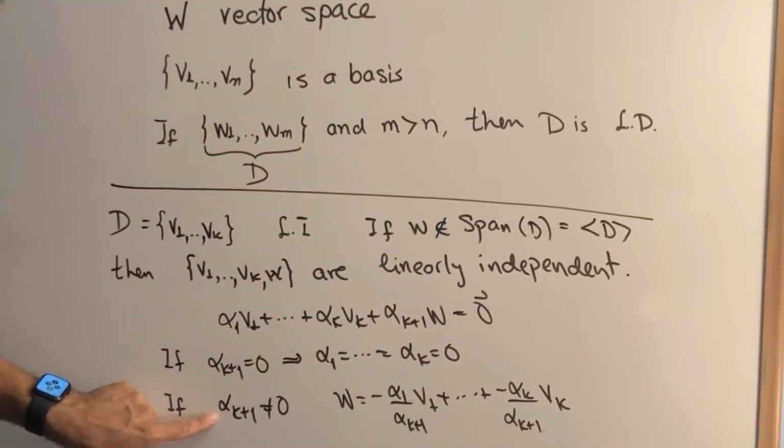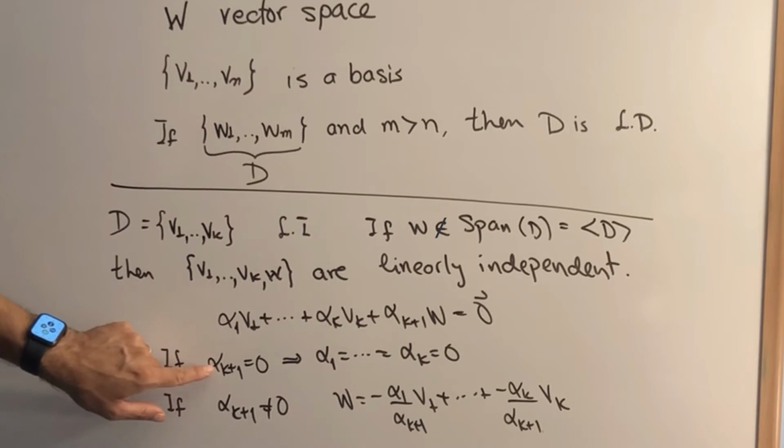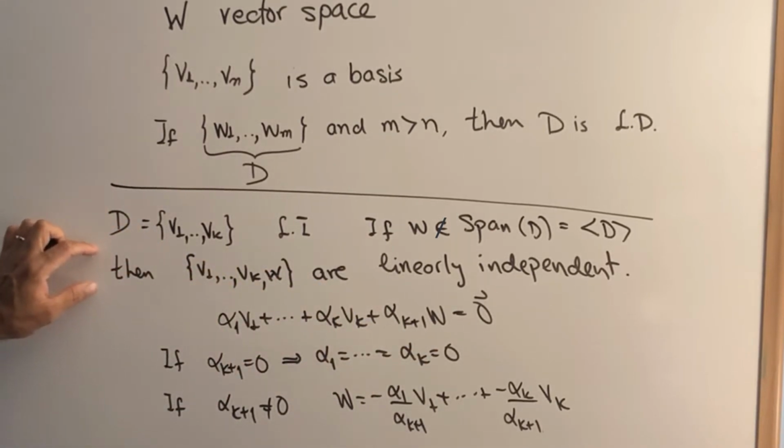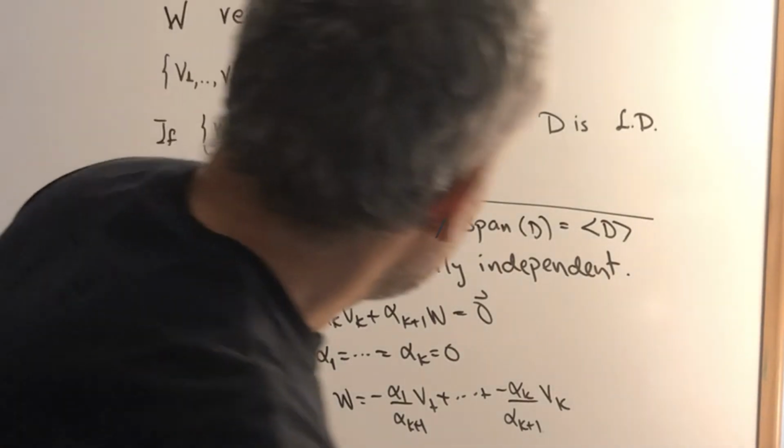Then this is impossible to happen, and if this is equal to 0, then all others are equal to 0. That means that these vectors are linearly independent.